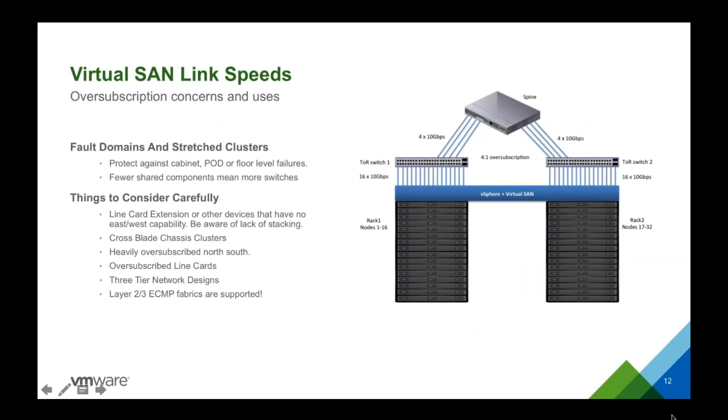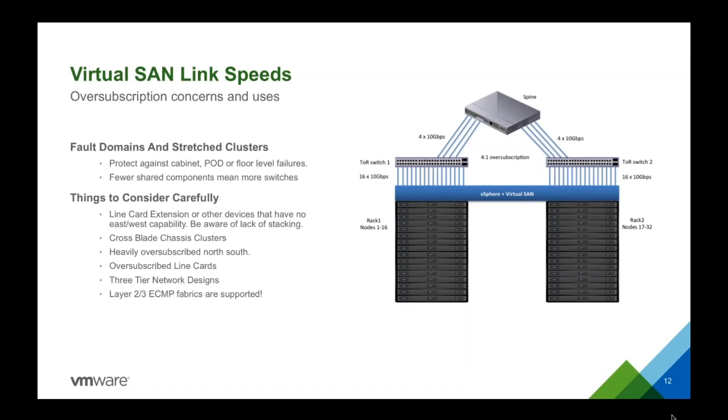I do want to talk quickly about link speeds. In your environment, virtual SAN loves throughput. Because the data is distributed across the nodes and doesn't follow the nodes around, there's no data locality, as that actually causes other performance considerations. You have to consider the link speed.